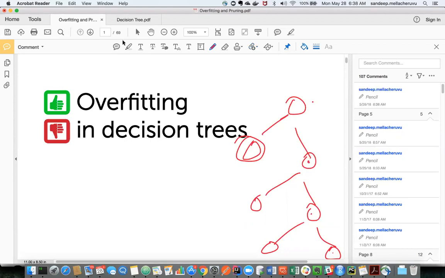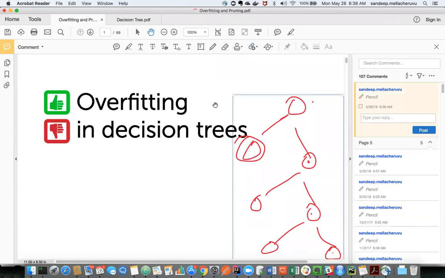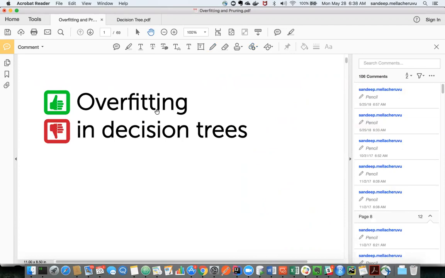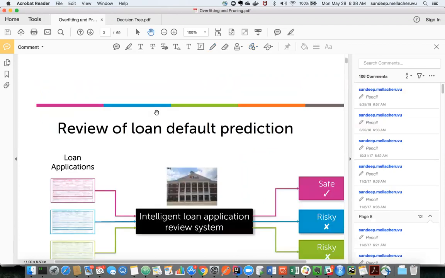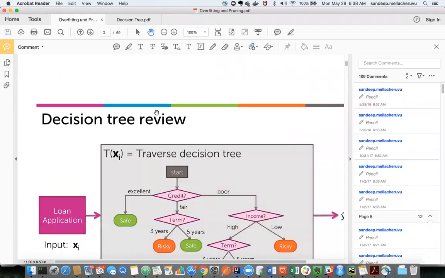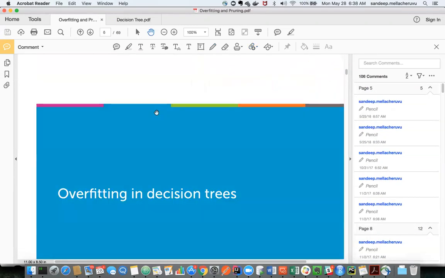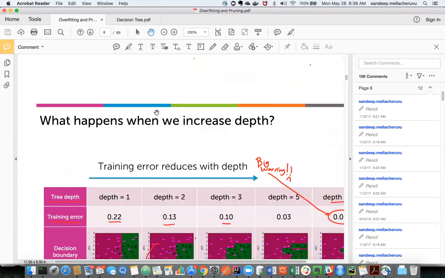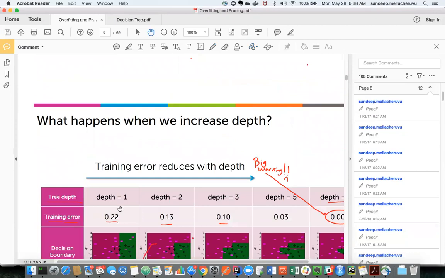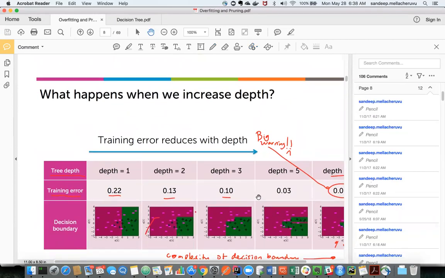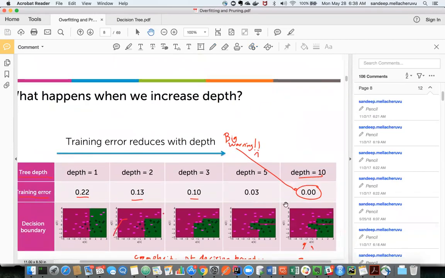So if the depth of the tree is too much, let's say 15 or 20, then your decision tree is not going to work very well, because it is going to overfit with the training data set. When we increase the depth of the tree, the training error at some point will become 0.